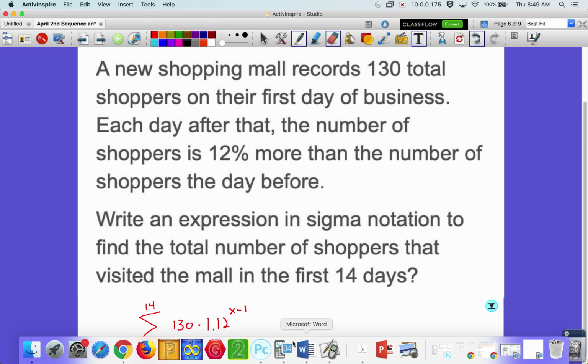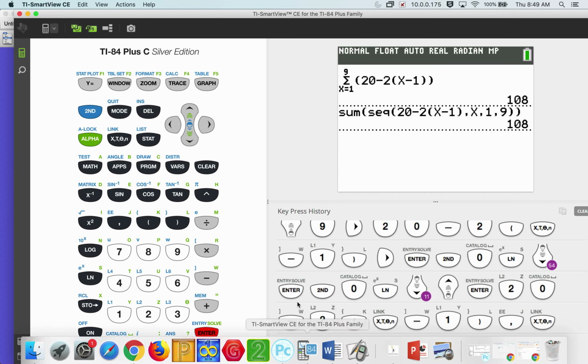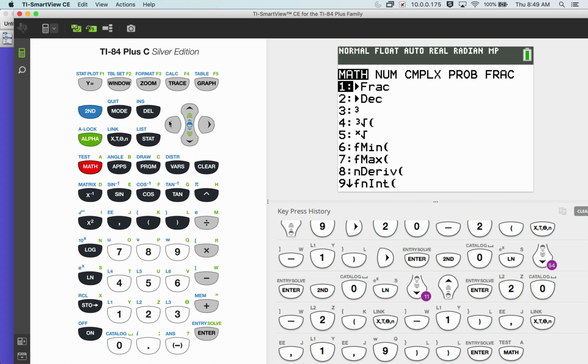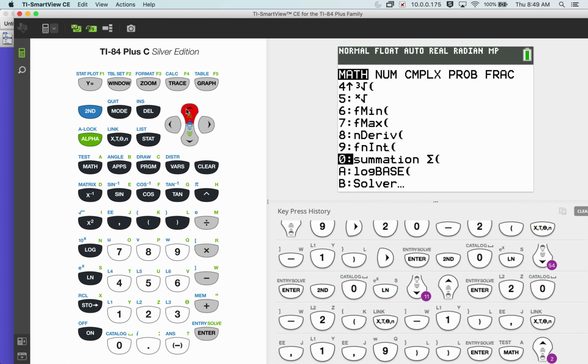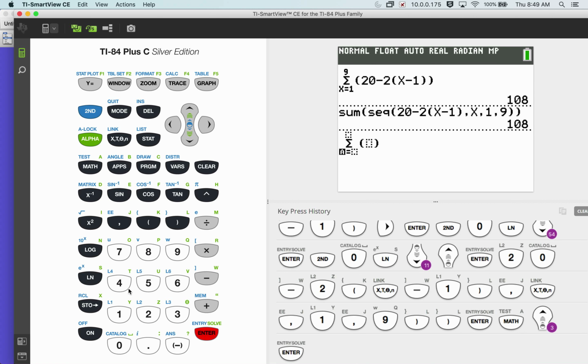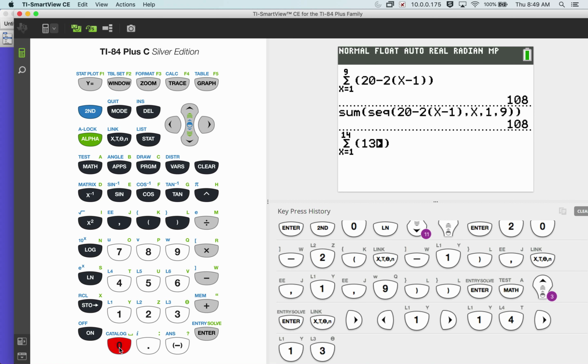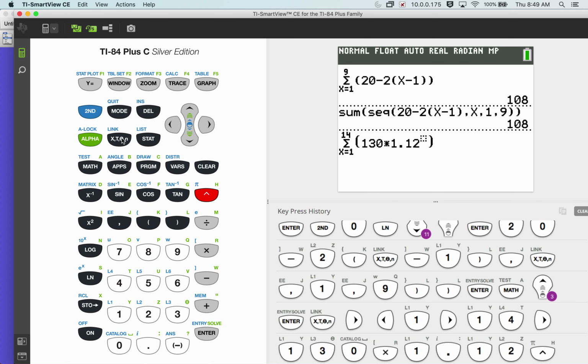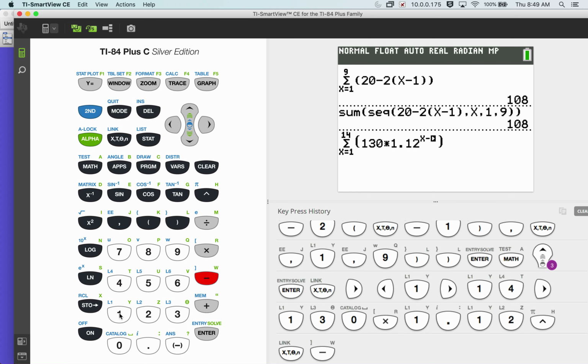All right, let's plug that into our calculator, see what we get. So I wanted to do math, the sum from x equals 1 to 14 of 130 times 1.12 to the power of x minus 1.